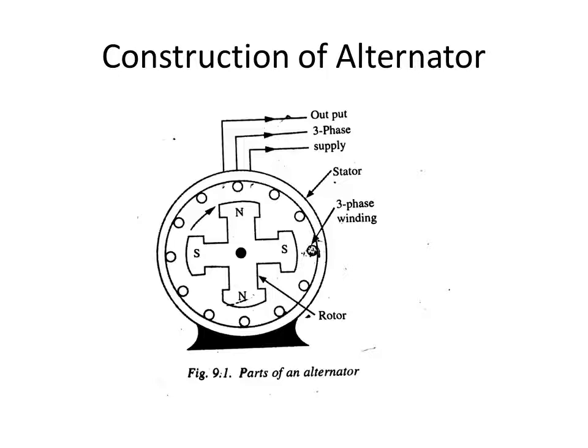Because of the high voltage, there should be insulation. If the conductor is placed in the stator part, insulation can easily be provided to the conductor, so collecting the three-phase AC signal from the stationary part is easy compared to the rotating part. So the armature conductors are the stationary part and the magnets are rotating.